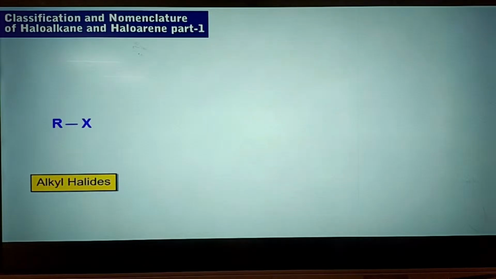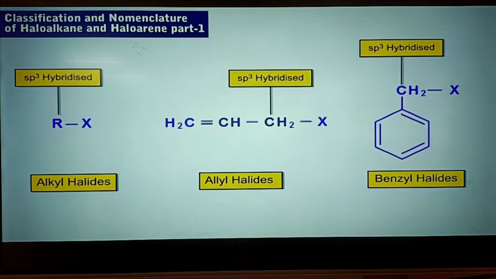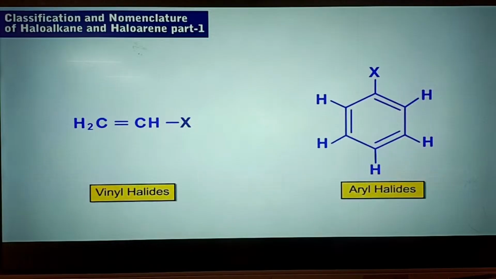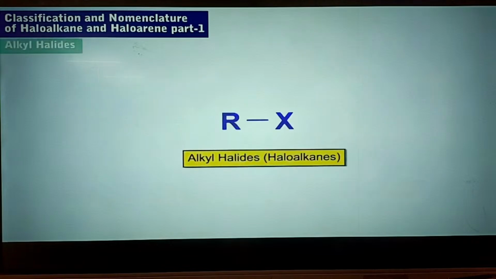In alkyl, allyl, and benzyl halides, the halogen atom is attached to an sp3 hybridized carbon atom. On the other hand, in vinyl and aryl halides, the halogen atom is attached to an sp2 hybridized carbon atom. We'll start with the alkyl halides, or haloalkanes, which have the general formula RX.